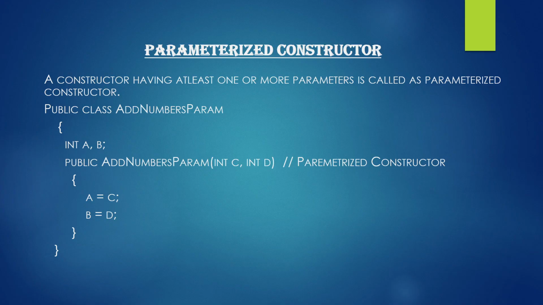So whenever we create the object of this class, at the time of the creation of the object we have to supply values for the parameters c and d, and whatever values we supply will be assigned to a and b. So if we require a parameterized constructor in our class, we can define one.